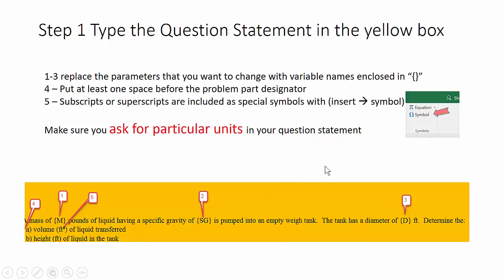After you save the file as a macro-enabled workbook, then in the yellow box you'll retype or paste the problem statement in, then replace the variables that you want to change with letters enclosed in brackets. For each designation like A and B, you want at least one space before that. And any subscripts or superscripts you'll add in as symbols instead of using the subscript and superscript modifications.